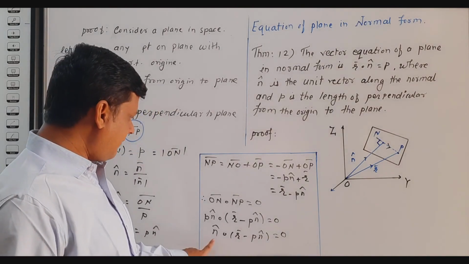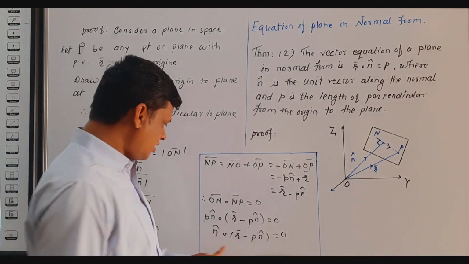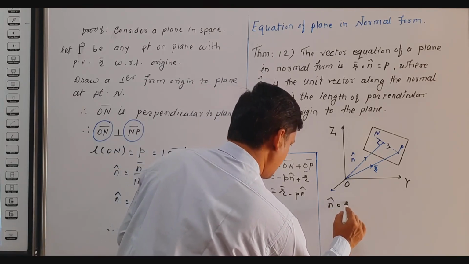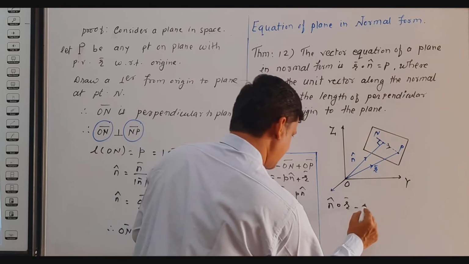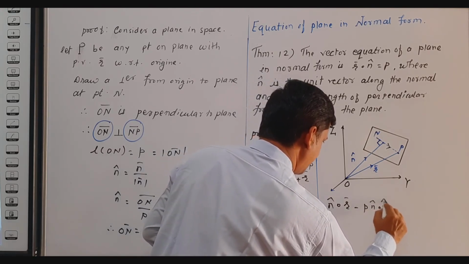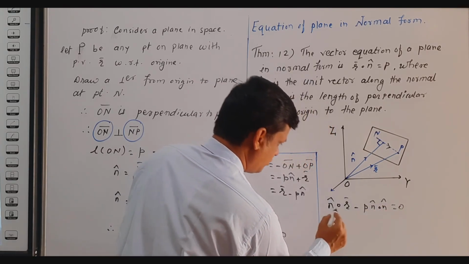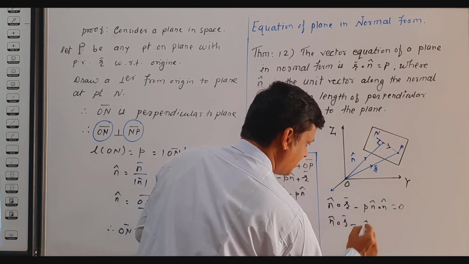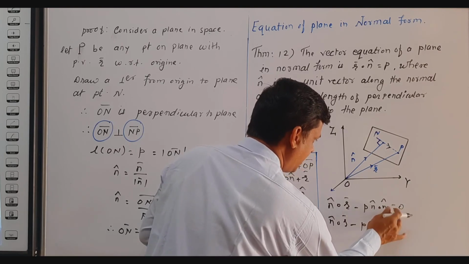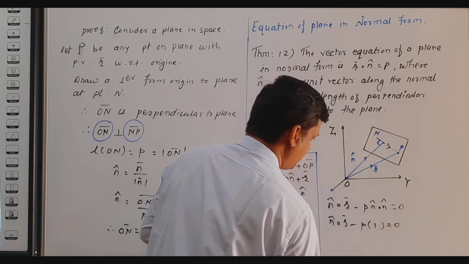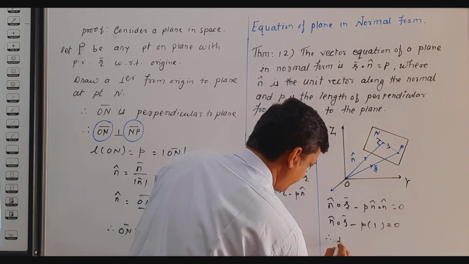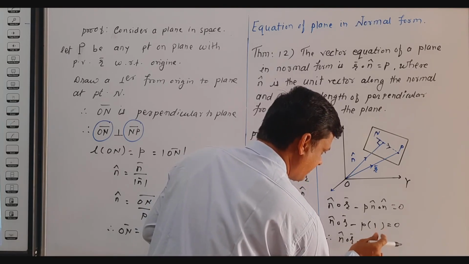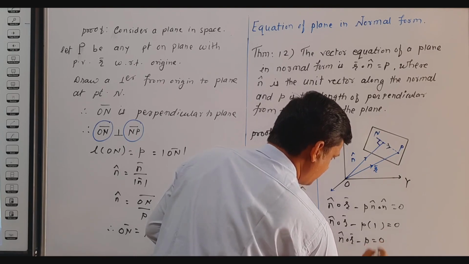Now we multiply this n cap with each term, so we write n cap dot r bar minus p n cap dot n cap equals 0. Here n cap dot n cap is 1, so we get n cap dot r bar minus p equals 0.